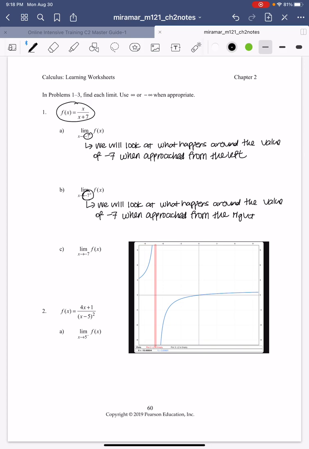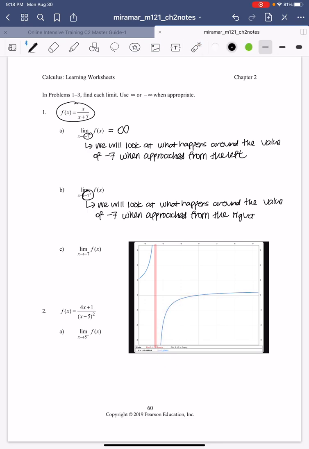So the limit at -7 from the negative side, left side, is getting close to really big numbers. So we use infinity. On the other hand, if you trace down and go towards the -7 from the right-hand side, what happens is the value of y gets smaller.